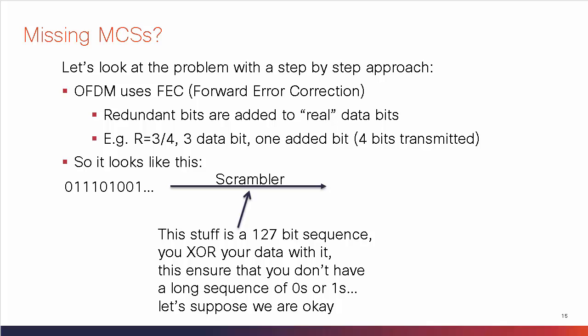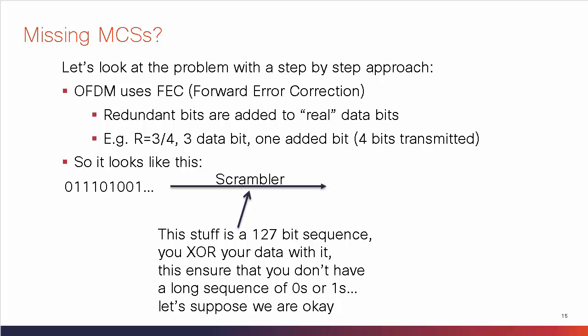So how does it work? Suppose that you have to send a series of bits, like the ones on the left here. The first thing you do is send those bits into what we call the scrambler. The scrambler has nothing to do with the problem we talk about here, but it's there, so let's look at what it does. Its job is to make sure that you don't have a long series of zeros or ones next to each other, because that may be confusing for the receiver, which has to understand whether there is a change or a long silence.